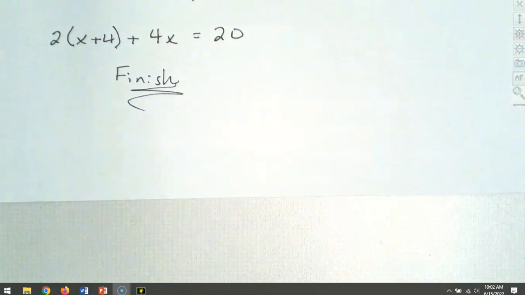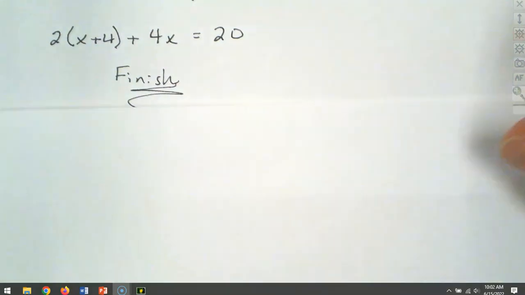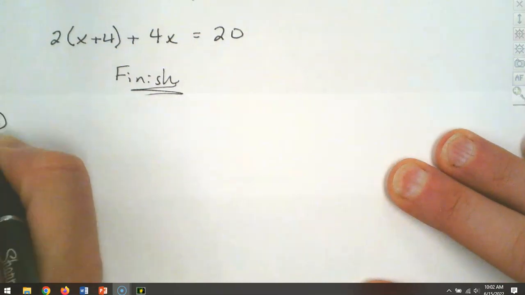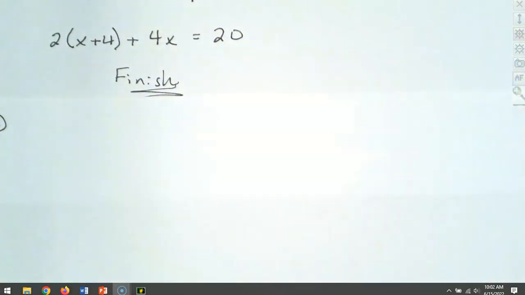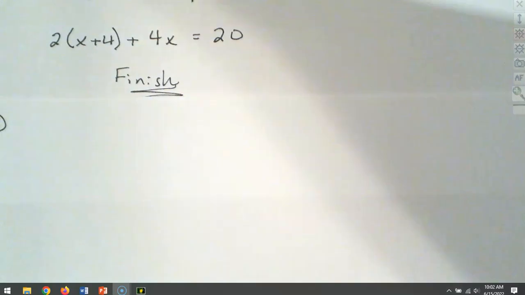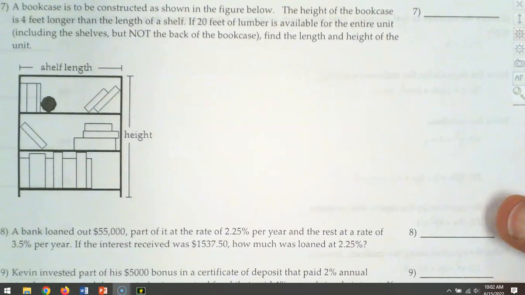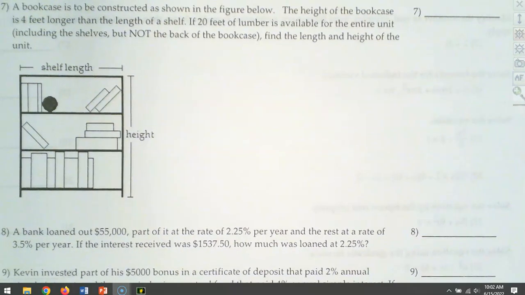Question 8. A bank loaned out $55,000, part of it at 2.25% per year, and the rest at 3.5% per year.